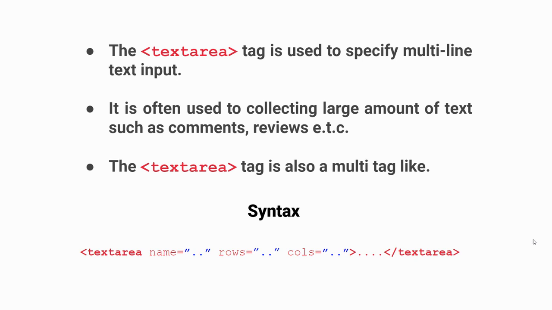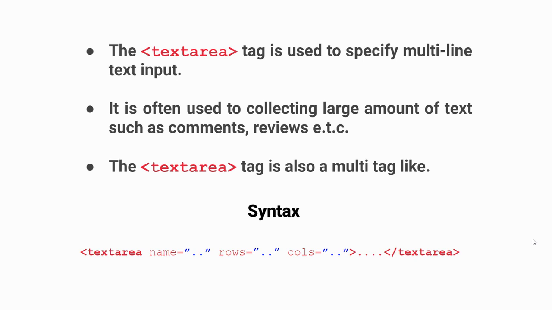So we can see the syntax of the textarea tag. It has three different attributes, which are the name attribute, similar to the input tag. It also has the rows attribute and it also has the cols attribute.